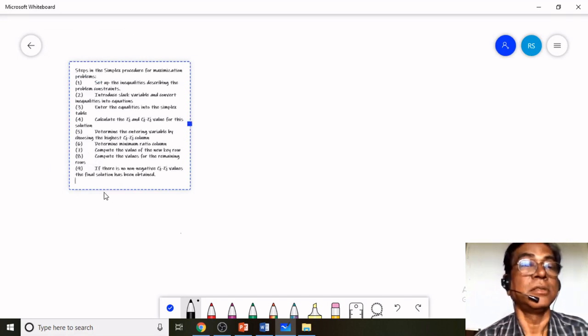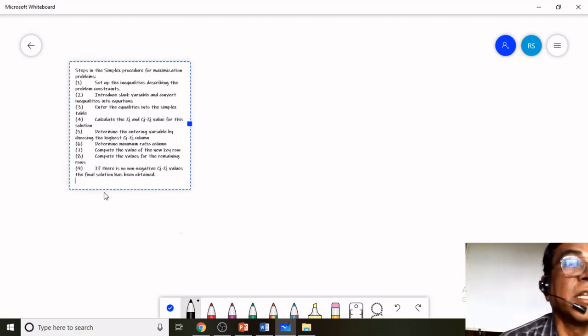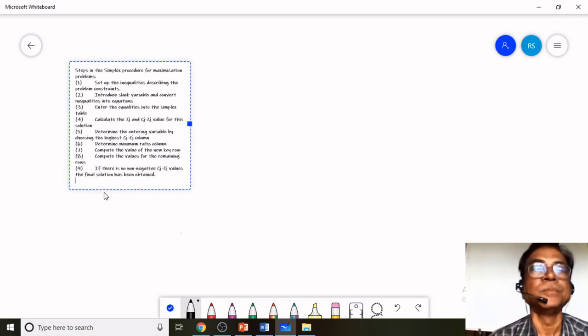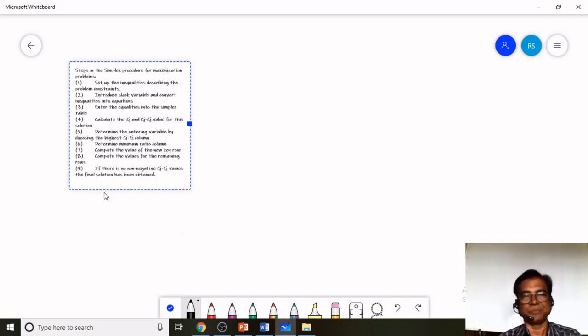See, this is a very, very important point. The steps of the simplex procedure. For example, if you want to solve any type of simplex problem, we have to follow this method. Set up inequalities describing the problem constraints. Setup means sometimes the equations are given in inequalities; first of all, you have to convert inequality to equation, step number one.